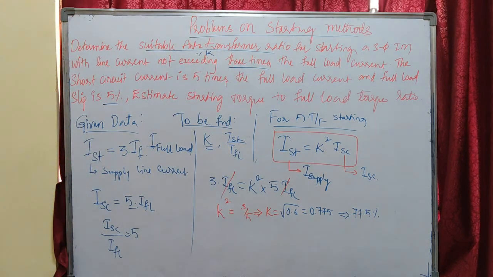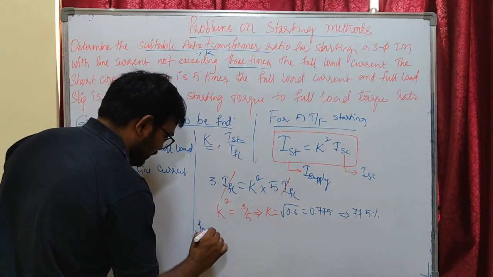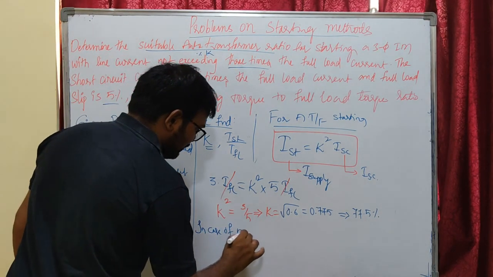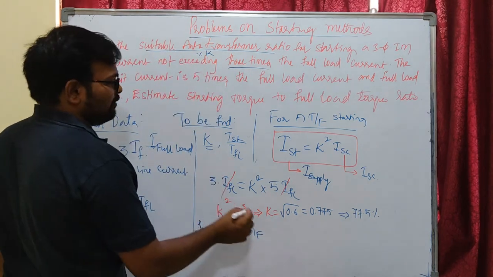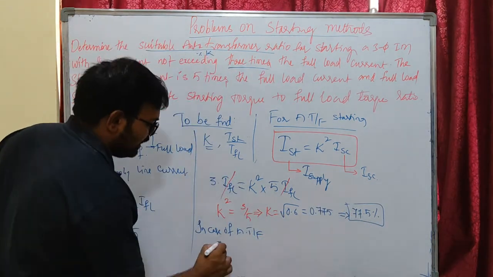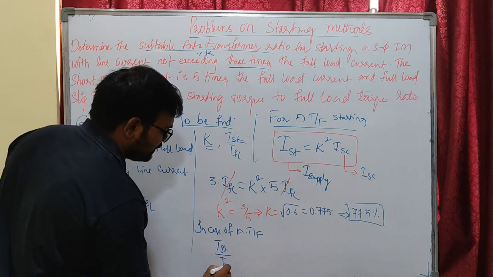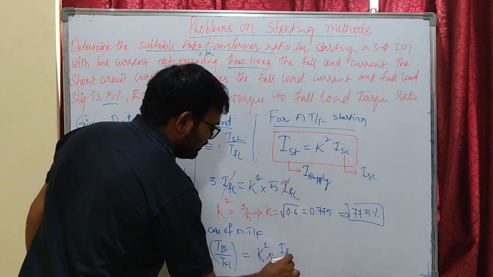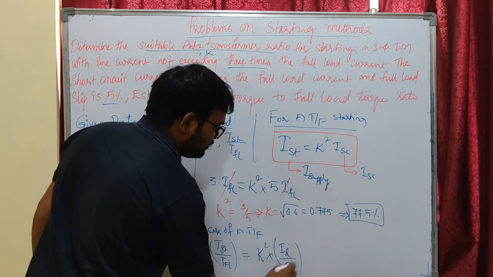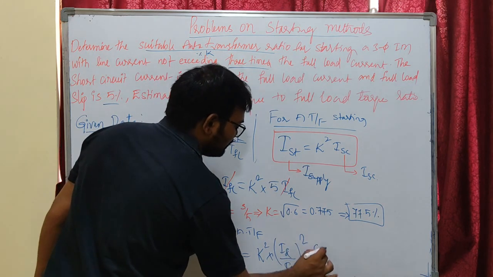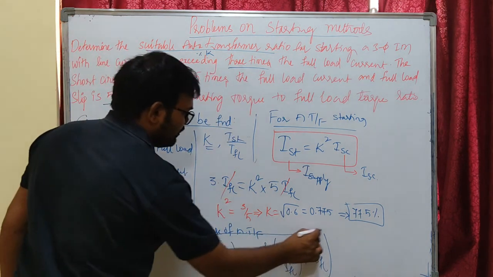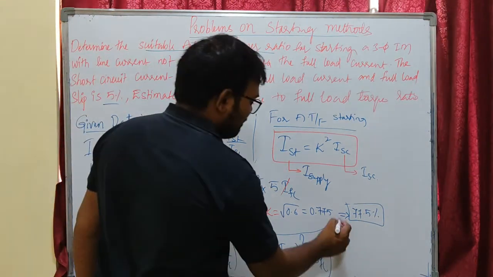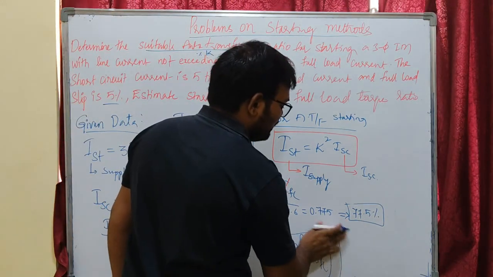Now let us see the relation between starting torque and full load torque. In case of auto transformer, we know the percentage tapping, so the relation is TST by TFL equals K square times (ISC by IFL) whole square into SFL. So this is the relation for auto transformer starting. Now let us see the value of TST by TFL.